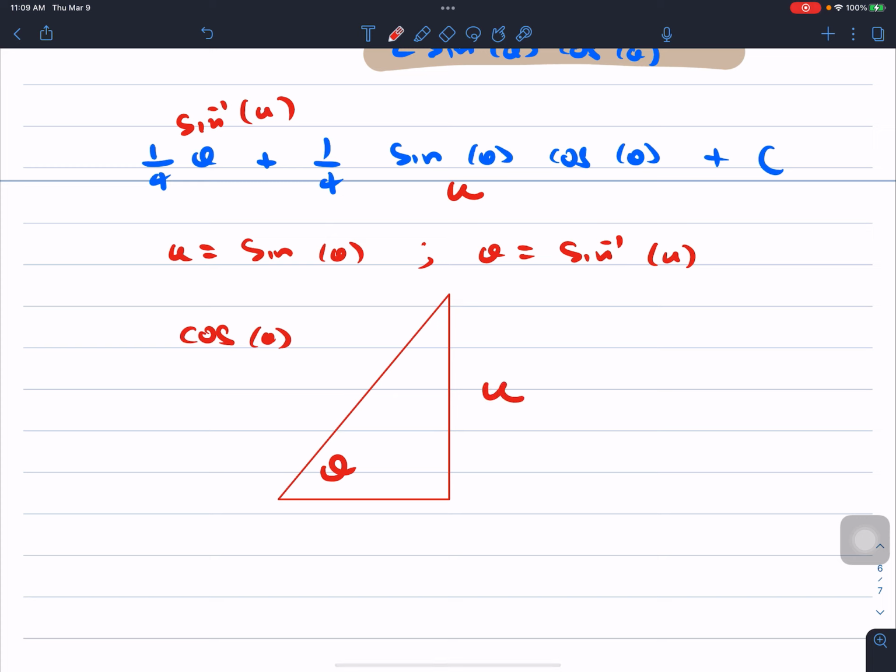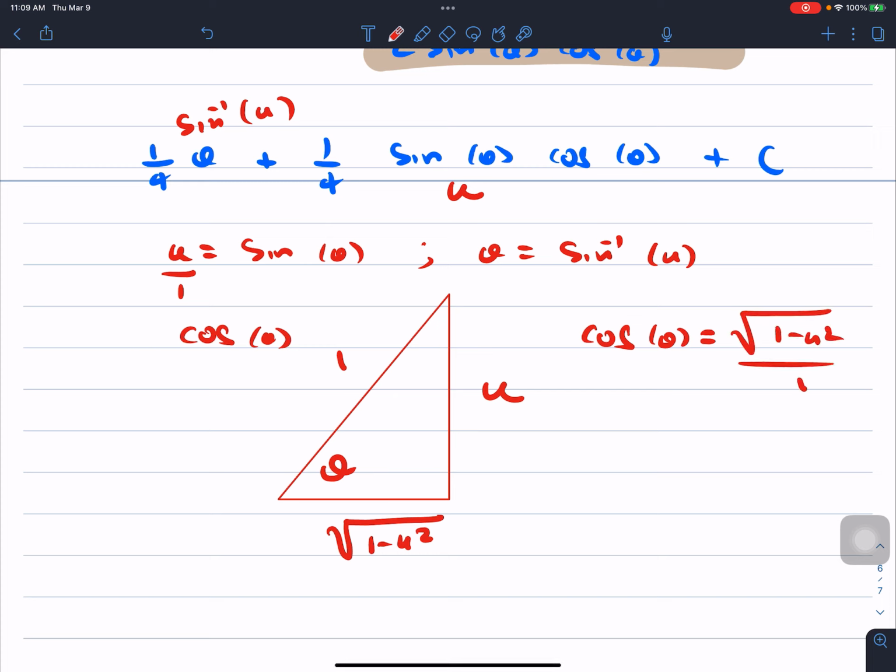Theta, definition of sine, because it's u over 1. Is that true? So that hypotenuse is 1. The adjacent side will be square root of 1 minus u squared by the Pythagorean theorem. So that means cosine of theta is going to be what? Adjacent over the hypotenuse. That's square root of 1 minus u squared.